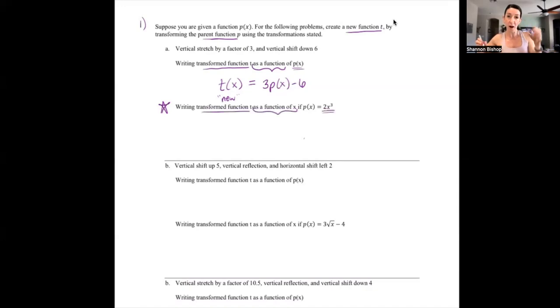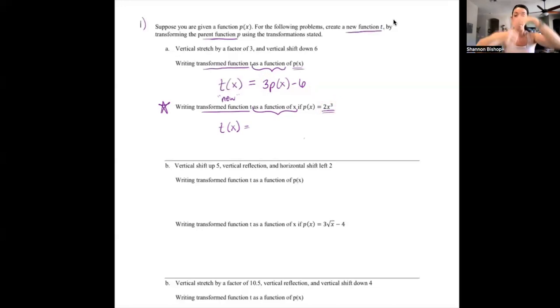So when you're writing your equations the other way, you still have this new transformed function, oops, not f, I'm so used to f of x, this new transformed function whose name is t, only now you're applying these same alterations, timesing by 3, subtracting 6, but now you're applying them to this guy. I am not going to write the letter p anymore.